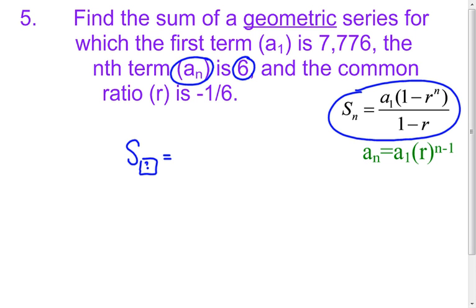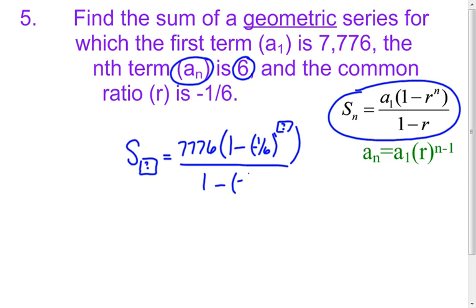So I know the first term is 7,776. I know I'm going to go 1 minus my ratio, which is negative 1/6, to the, I don't know what number needs to go there. Sorry, I should move my parentheses over so that's not confusing you. Okay, all over 1 minus negative 1/6. Problem is, again, I don't know that term number.